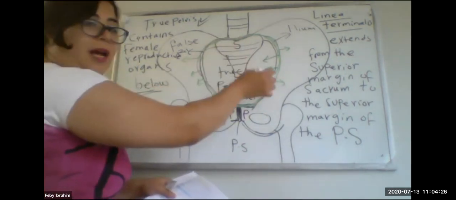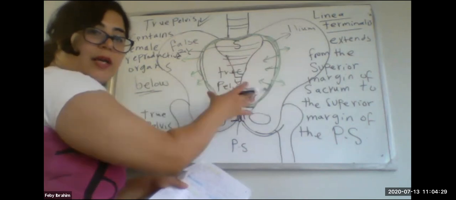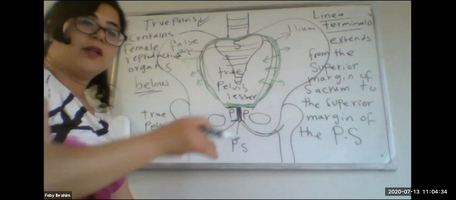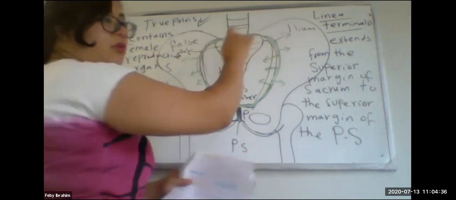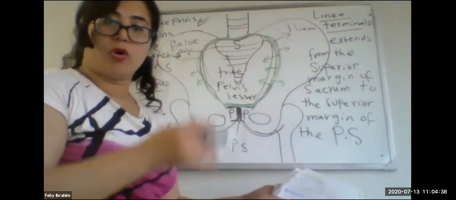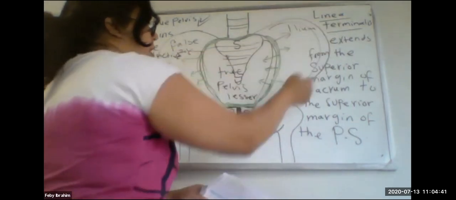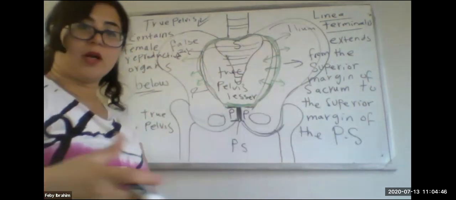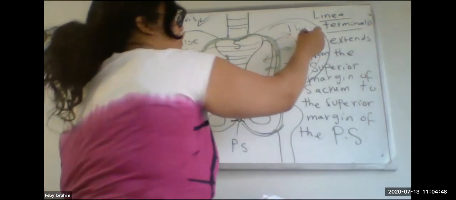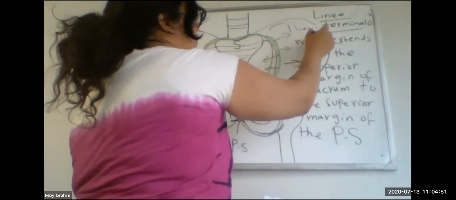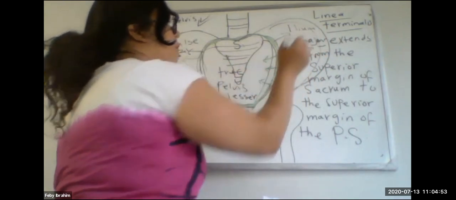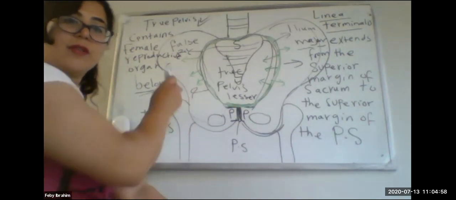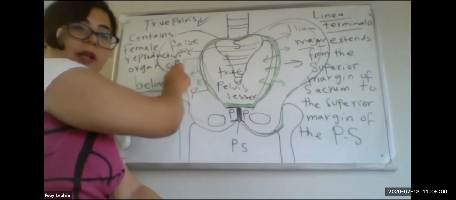So you're going to see the bladder, the uterus, the vagina, all in this apple shape. And the false pelvis, you see these hip bones or wings, the ilium and this area here. This is the false pelvis. It's the bigger one, the major one. But the small one is the true pelvis, and the true pelvis contains the female reproductive organs.